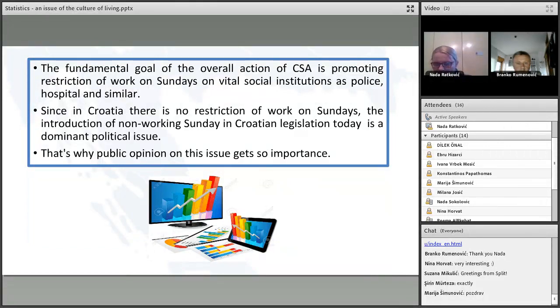In Croatia, there is no restriction of work on Sundays. The introduction of a non-working Sunday in Croatian legislation today is a dominant political issue. Today, I read in the paper that people working in retail trades are very confused. They think they will lose their job if they don't work on Sunday.